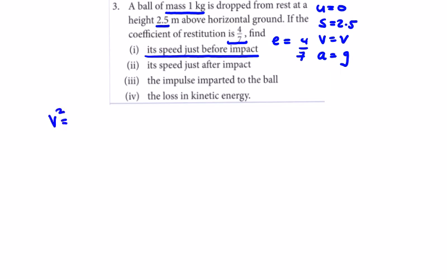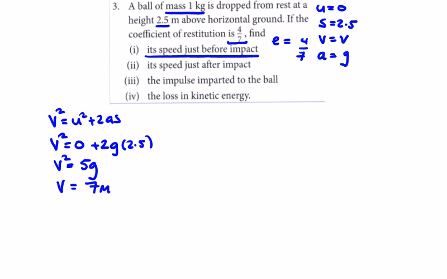So we can use v squared equals u squared plus 2as. So v squared is equal to 0 plus 2g by 2.5. This one comes up a lot. 5g is 49, so v is equal to 7 meters per second just before impact.